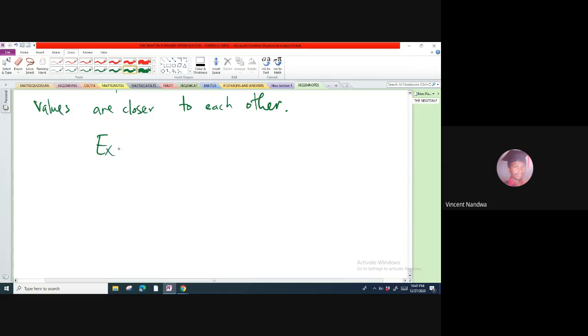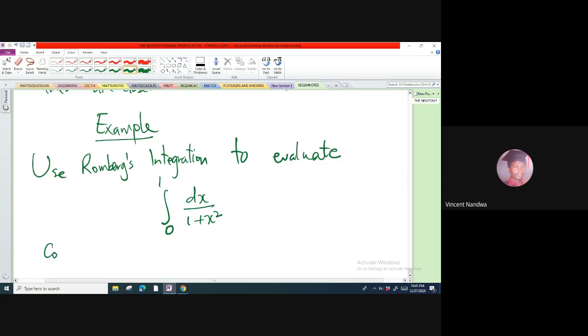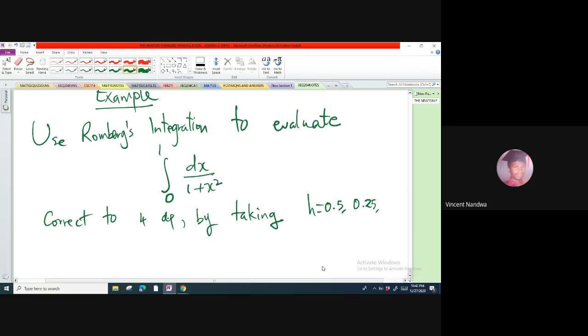So an example: use Romberg's integration to evaluate the integral from 0 to 1 of dx over 1 plus x squared, correct to 4 decimal places, by taking h equals 0.5, 0.25, and 0.125.